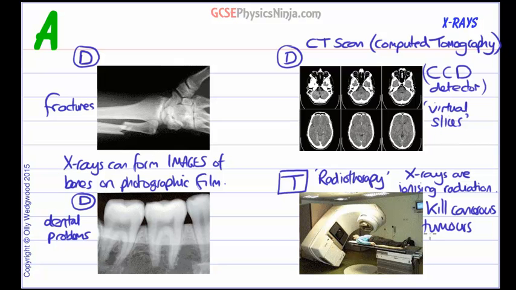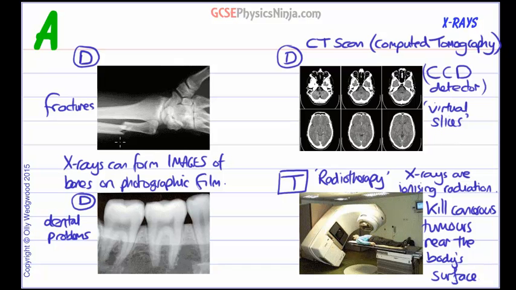So we can say kill cancerous tumours near the body's surface. We can actually aim those X-rays at the tumour and kill those cells. We've got to be careful, of course, that we don't kill healthy living tissue around that.